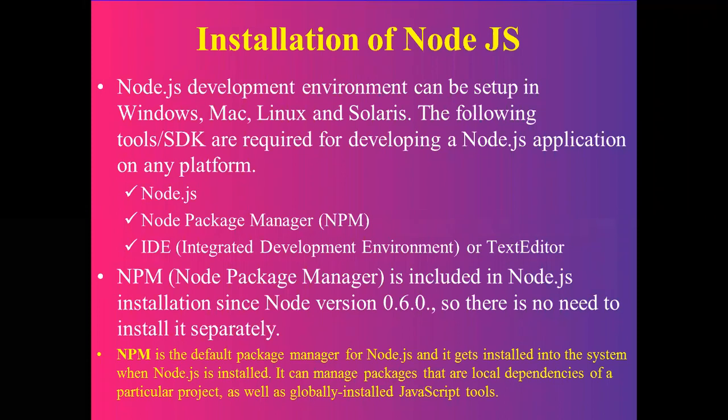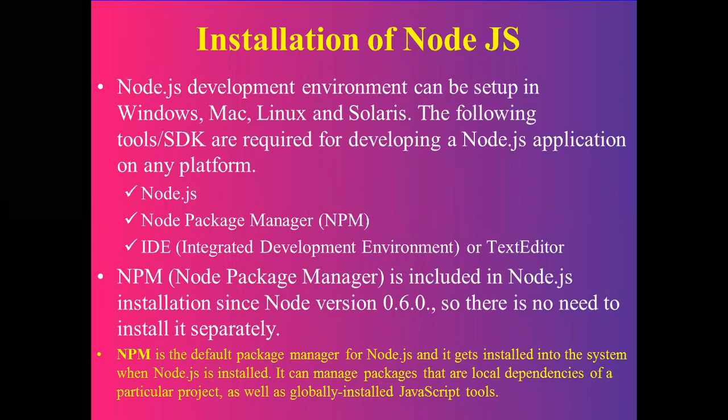Whenever we install Node.js, the Node Package Manager is installed automatically. npm has been included in Node.js since newer versions, like 0.6. So there is no need to install npm separately. Previously we had to install npm separately, but with newer versions it is not necessary.